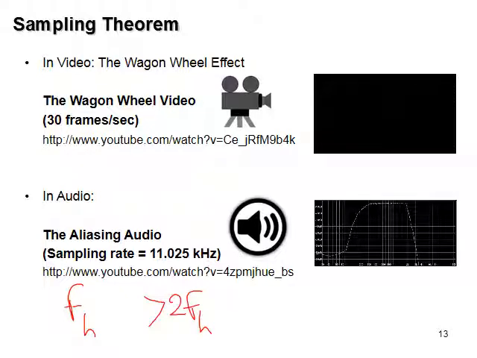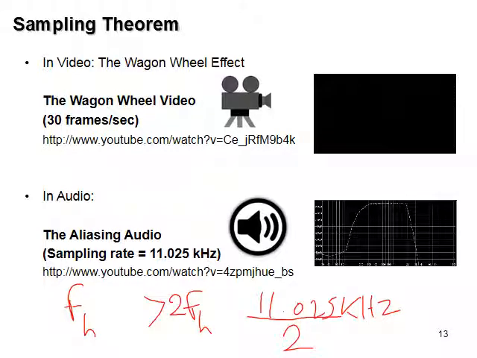Now, if the sampling rate is 11.025 kilohertz, what is the maximum frequency that should be present in that signal so that you would be able to reconstruct it efficiently, without losing anything? It means that your FH should be this number divided by 2.